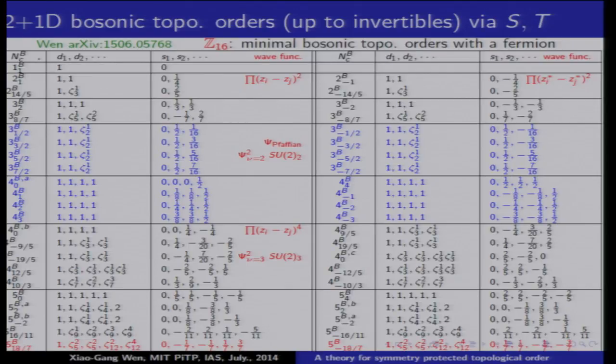So this blue entry happens to be the minimal bosonic topological order which contains fermions. Minimal is defined by mutual statistics. So that's another interpretation of this Z16. If you really ask how one derives Z16 from a mathematical framework, this is the way to derive it. So that's a comment.